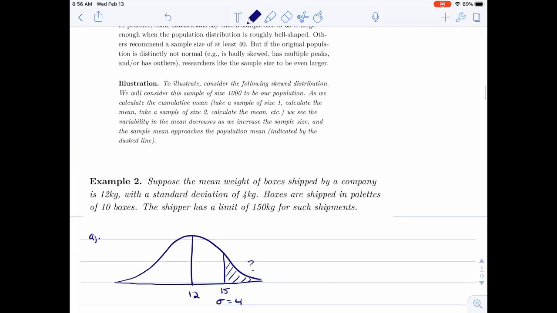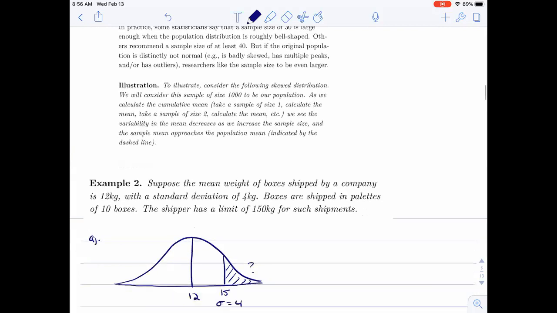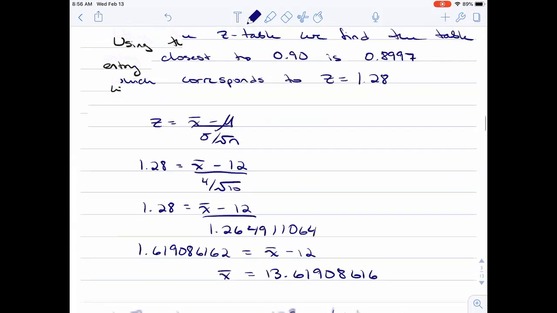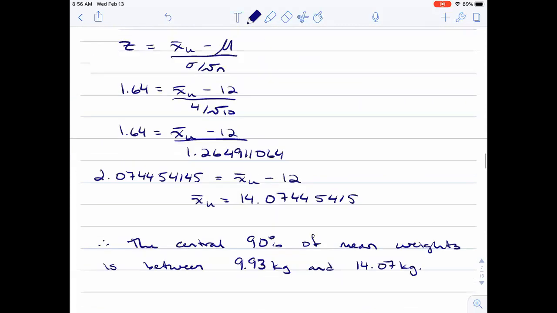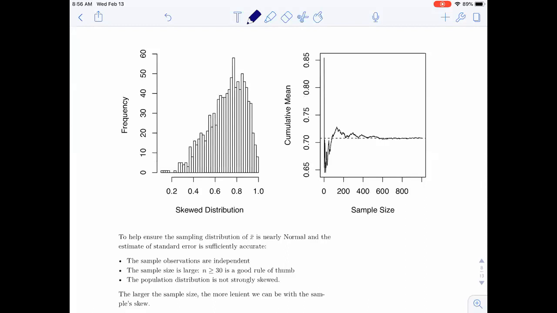So I've got this illustration, which kind of got chopped up by our example. But what I've done, just to show you how it behaves, is let's just for a second pretend that this is the population that we're sampling from. I've got it in the blurb, there's 1,000 points in here.